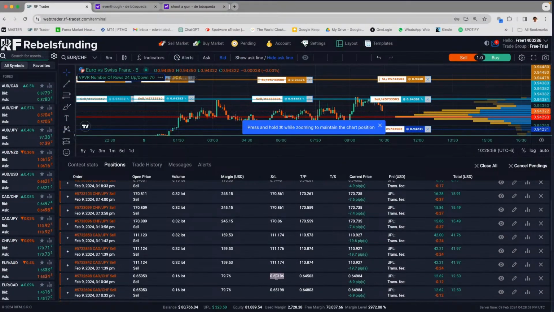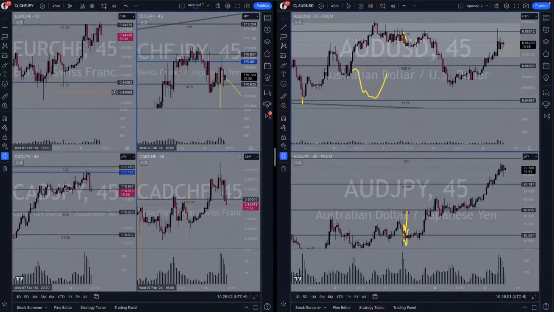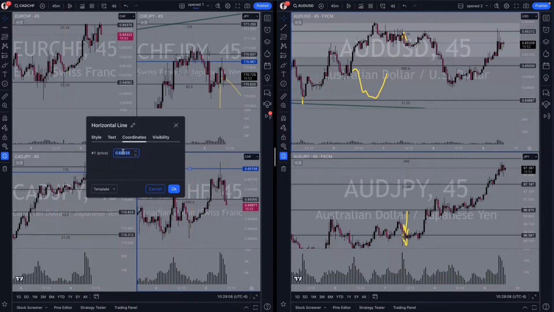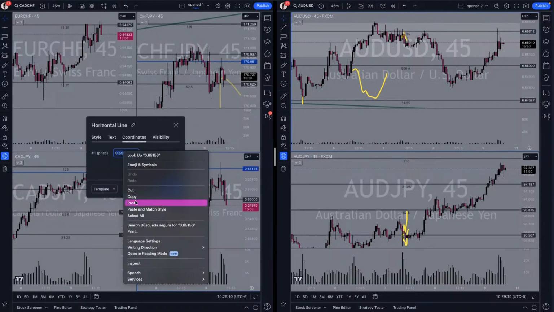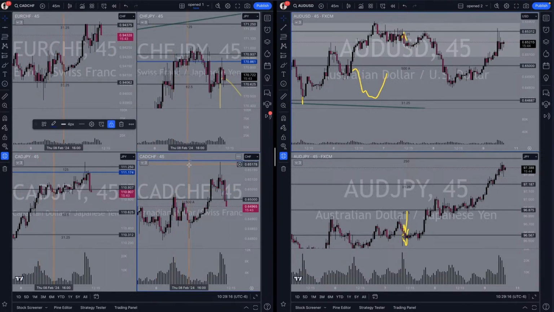Cat CHF stop loss. I had never done this and I love it. I like to be thinking in terms of where is the stop loss, what are the old positions that I have opened. So Cat CHF is right there.